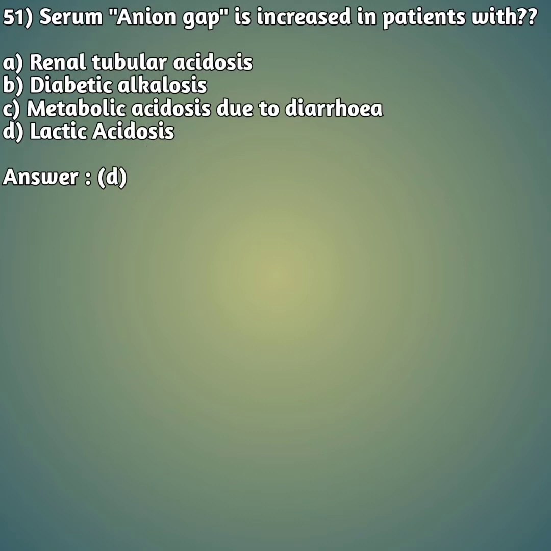Moving on to the 51st question. Serum anion gap is increased in a patient with option A, renal tubular acidosis. Option B, diabetic alkalosis. Option C, metabolic acidosis due to diarrhea. And option D, lactic acidosis. So the right answer is answer D, that is lactic acidosis.